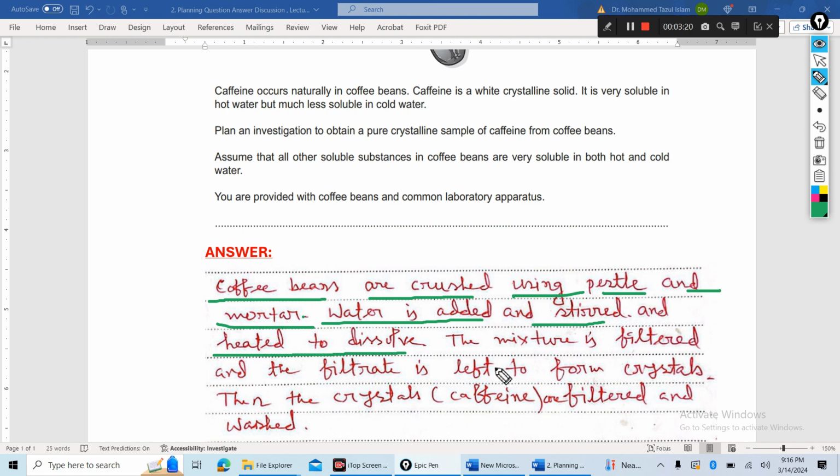The mixture is filtered to remove solid impurities. And the filtrate, the clear solution, is left to form crystals. Caffeine crystals will form. After that, the crystals are filtered, washed and dried.